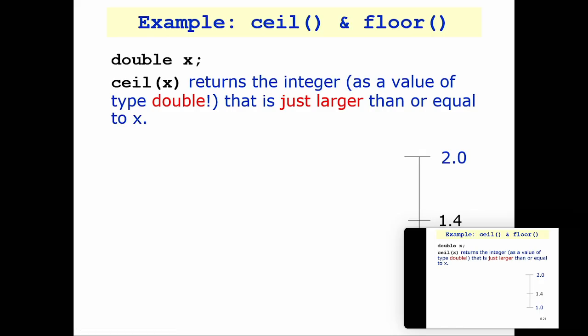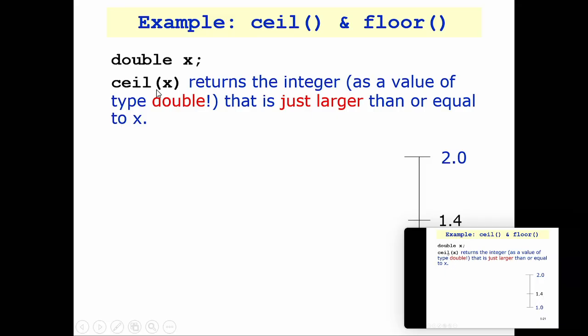For these two functions, the concept is quite straightforward. If you have ceil, it will return the value after rounding up, right? Then if you have the floor function, it will round down the number. For example, now your input x is 1.4.